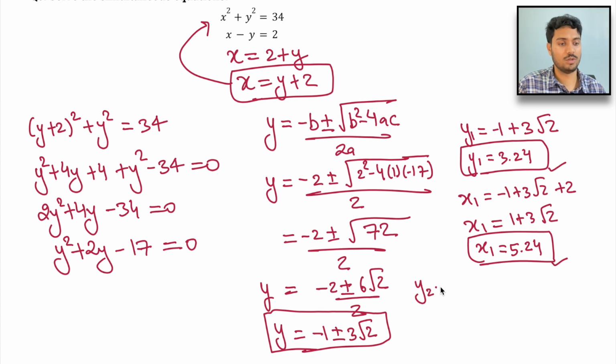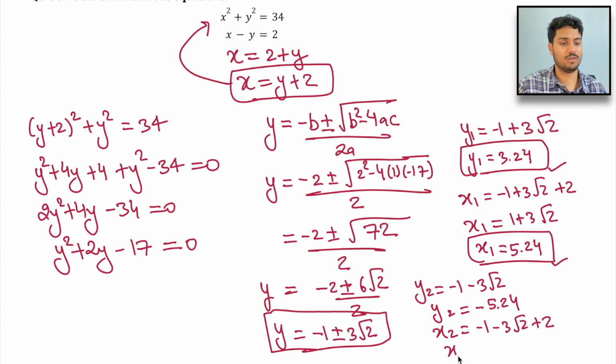So y2 is going to be minus 1 minus 3 root 2. And if you want to write it in terms of decimal, then minus 1 minus 3 root 2 is going to be minus 5.24. And if you want to write down the value of x2, that is going to be y plus 2. So y is minus 1 minus 3 root 2, plus 2.